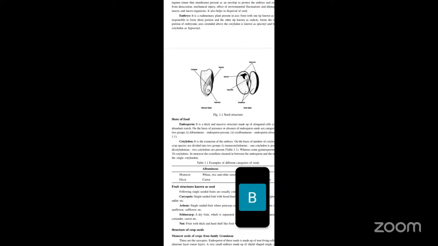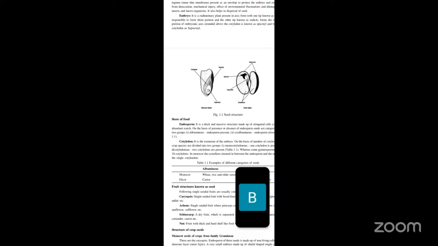Albuminous and exalbuminous seeds, with examples of the different categories. Albuminous monocots are wheat, rice, and other cereals. Exalbuminous monocot: onion. Among dicots, castor is albuminous.